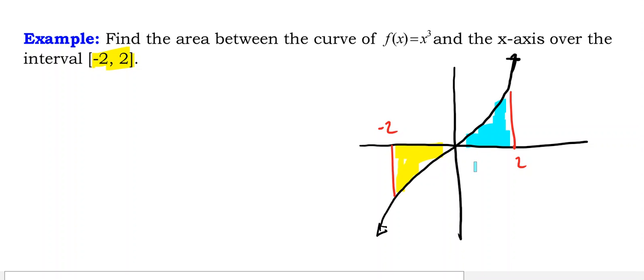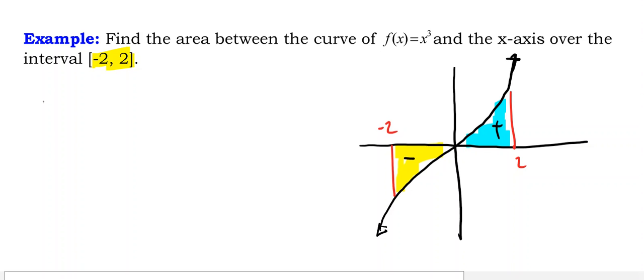Now, this area above the x-axis is going to be a positive area, but this is going to be a negative area. So what we actually have to do here is to break this up into two integrals. And so we're going to find the blue area first.